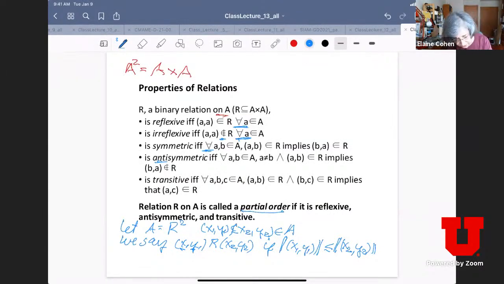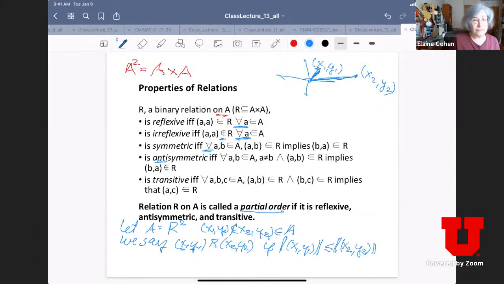If I look at my plane here, here's one point, that's (x1, y1). And here's another, that's (x2, y2). And we're saying that if this line is shorter than that line, then (x1, y1) is related, less than or equal to (x2, y2).